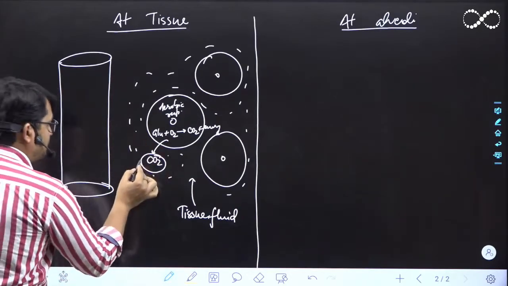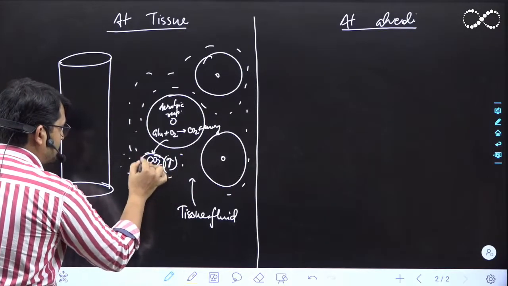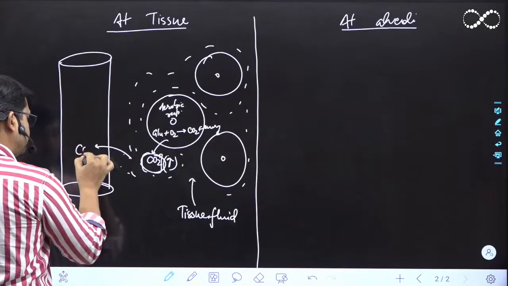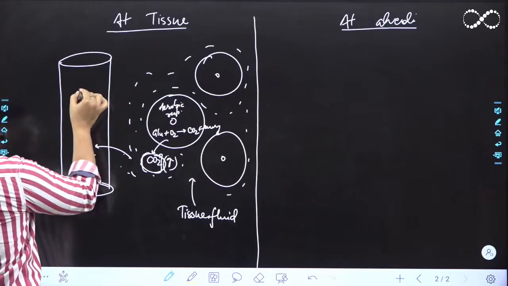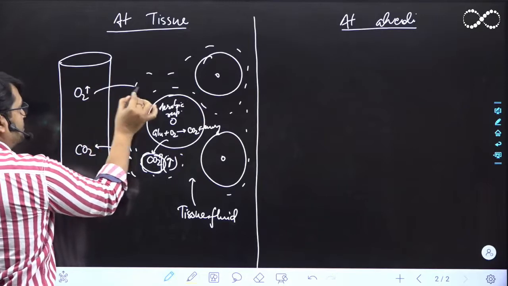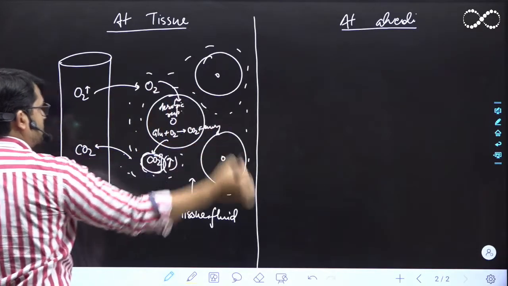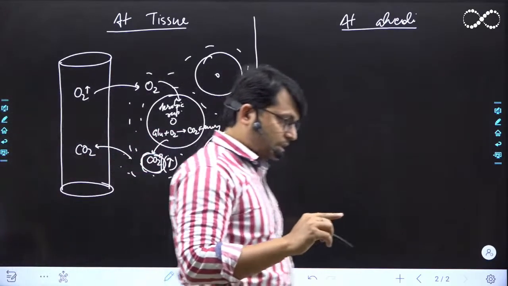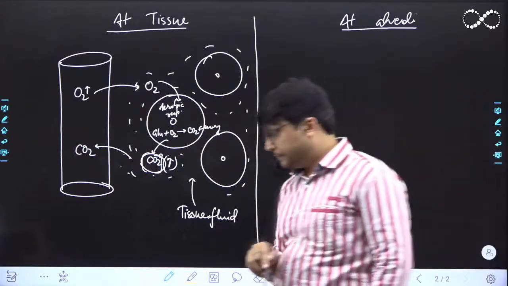And then from here, because here the CO2 is at a higher concentration, this CO2 diffuses into the blood vessel. In the blood, O2 is at higher level, so this is going to diffuse into the tissue space and from the tissue space into the cells. So always this diffusion is indirect through the tissue fluid. Got it?